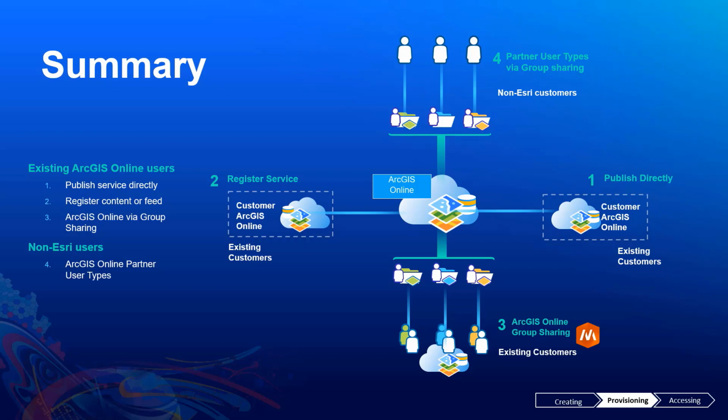That second option was to create credentials for a user and have them reference that service in their own organization, acting as a proxy. And here the user controls the access, but the developer controls the administration and pays for the service. The third option is to use ArcGIS Online's built-in multi-tenancy to share content to existing customers through a group. So here the developer controls access, administration, and pays for the service.